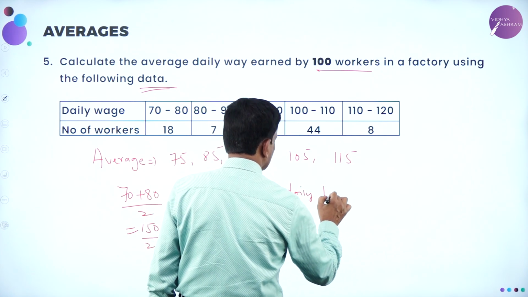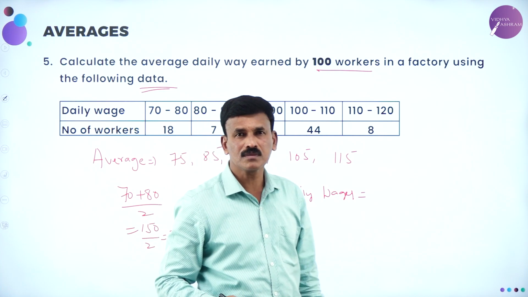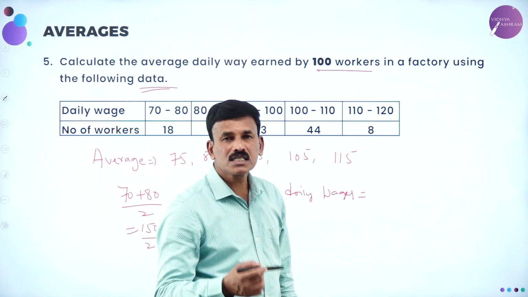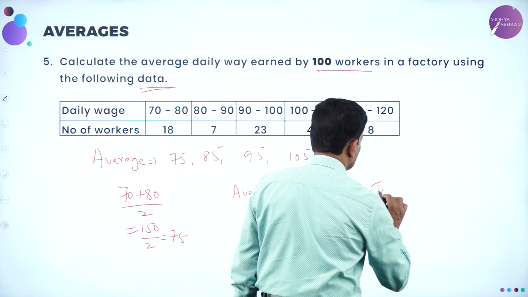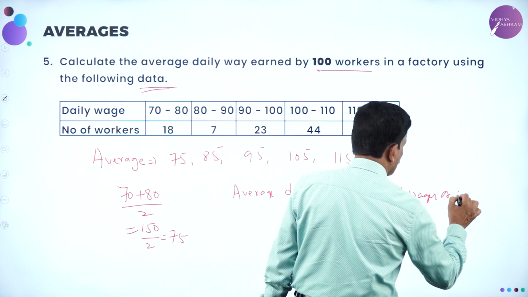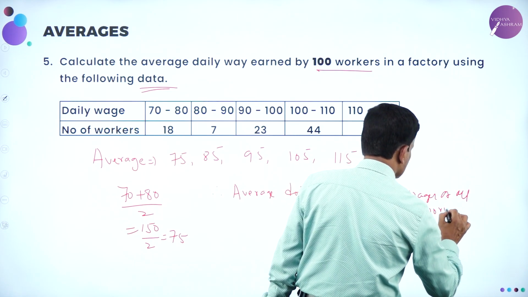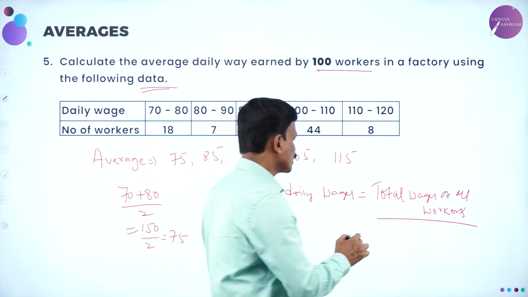Now, therefore, the average daily wages is equal to, what is the formula? Total wages of all workers divided by total number of workers.